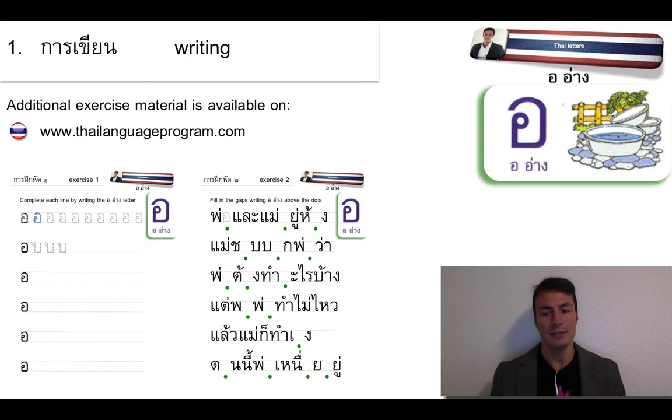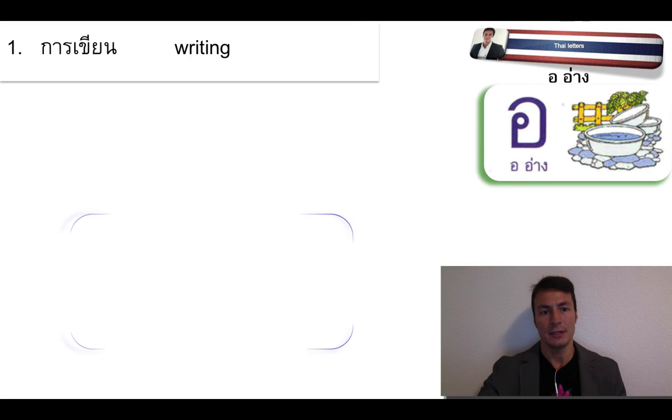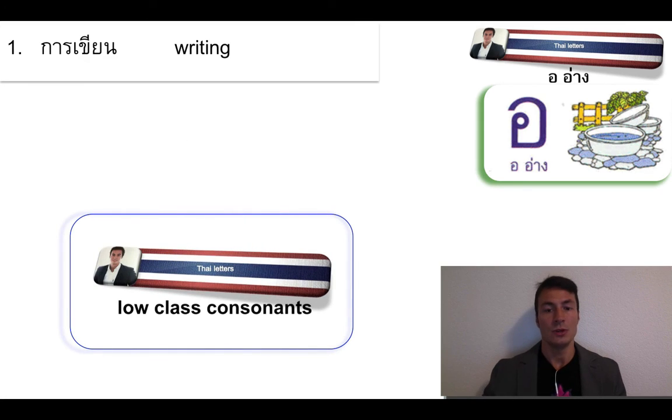Have fun with these exercises, and if you're done with that and would like to continue learning, I recommend you go on to the section where we deal with the low-class consonants. So far, we have only tackled middle-class consonants. We haven't covered all of them. There are 2 remaining that we haven't covered so far, but they do not really appear within the Thai language very often.